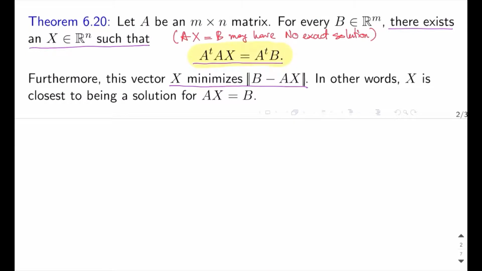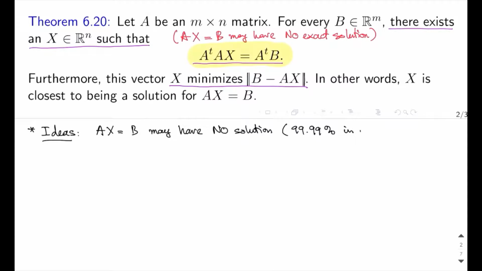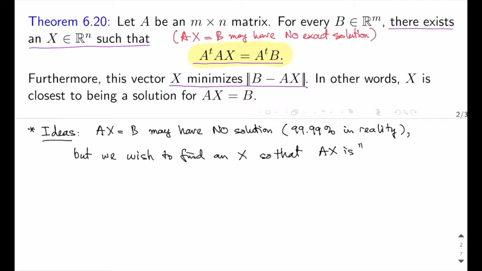As explained in the beginning, the idea is that Ax equals b may have no solution, which is very likely in reality. But we wish to find a vector x so that Ax is closest to b.